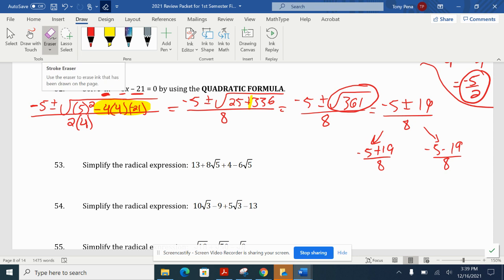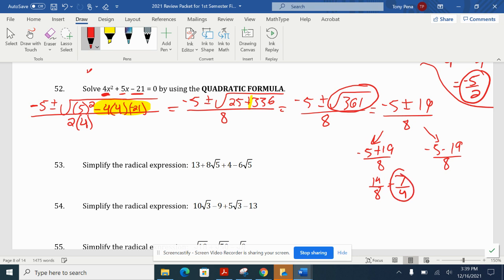What did I just do? So here we go. This is 14 over 8. And then that should reduce. 2 goes into both of these. It goes into 14 7 times, and then 8 4 times. So that's one of our answers. This one's a little nicer. Negative 5, negative 19 is a negative 24 divided by that 8. So our second solution is the negative 3.